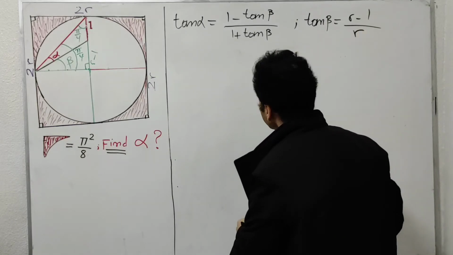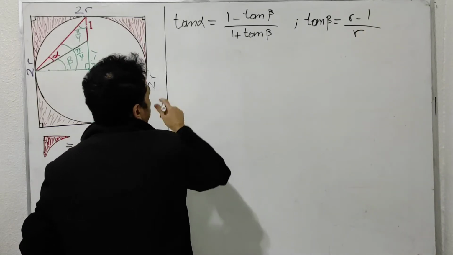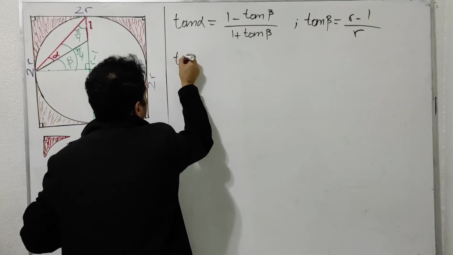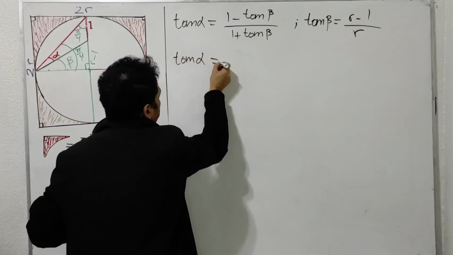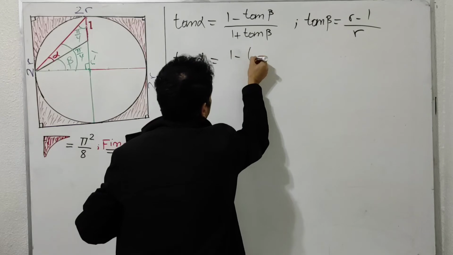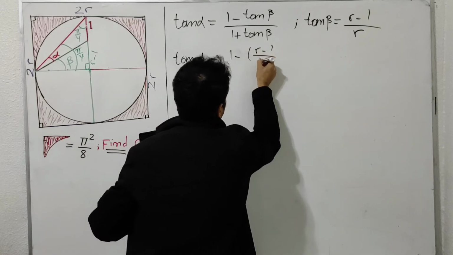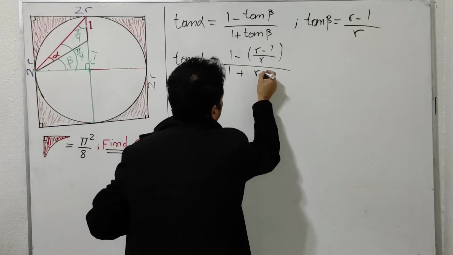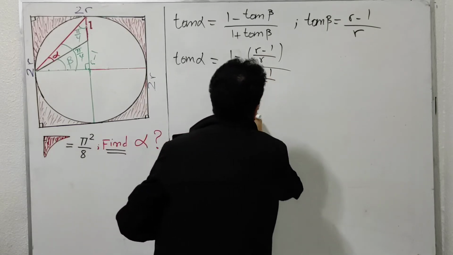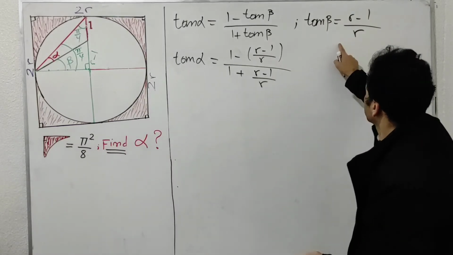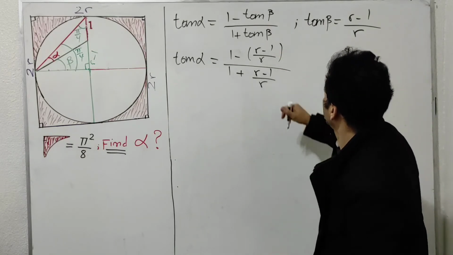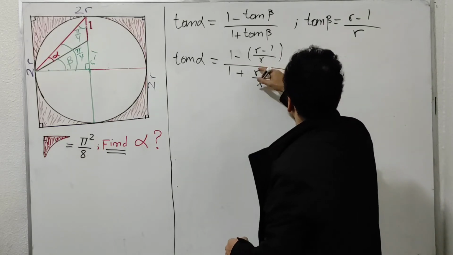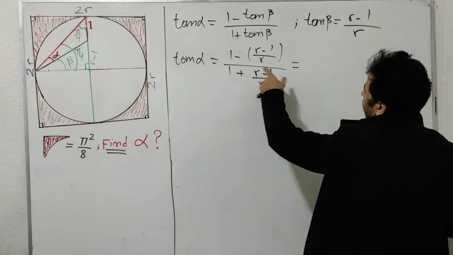So I'm going to plug this information here. I will get tangent alpha equals 1 minus (r minus 1) over r, divided by 1 plus (r minus 1) over r. I just plug tangent beta into this expression, which gives me this result. So I'm going to simplify this one more.